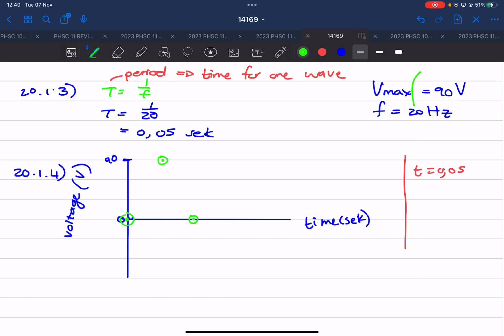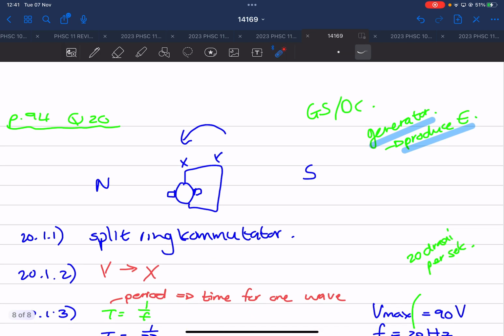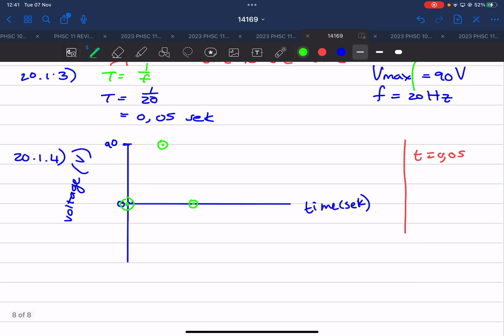Nee? Okay, so nommer 1 ding is ons moet kyk waar begin het. Does it start at 0, does it start at 90? Waar jy begin. Nommer 2. Watter tipe generator het ons? Gelykstroom generator. So it means it's only in one direction. So it doesn't go loopy-loop. It only goes in one direction. Yes. So hy's hierso.